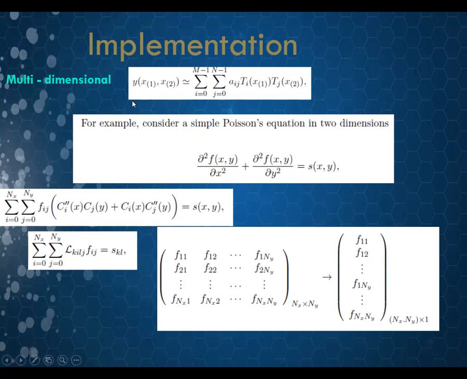We can approximate f(x) and y as this summation of f_ij times the second derivative of the cardinal function with respect to x, that corresponds to this term, the second derivative with respect to x times the cardinal function as a function of y, plus vice versa.